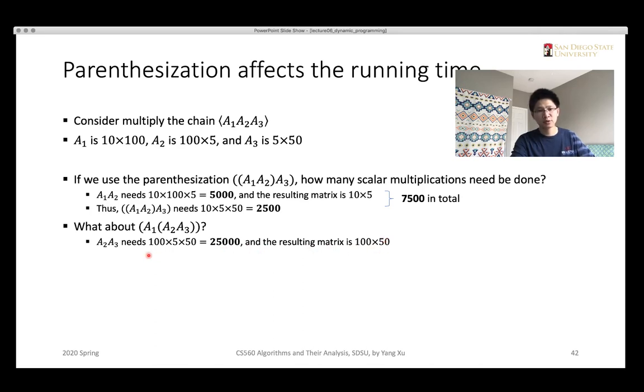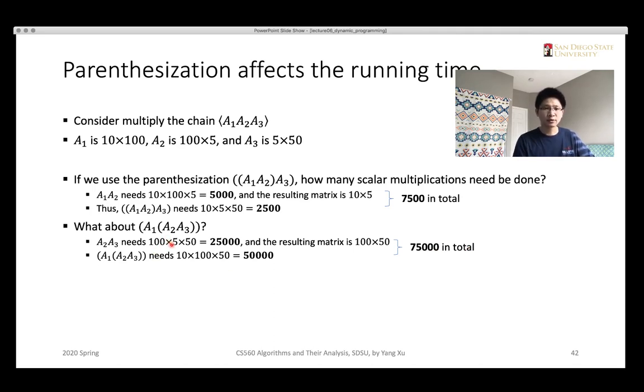In step 2, we need to multiply this 100 by 50 matrix with A1, in which PQR is 10 times 100 times 50, which is even more, 50K. Adding up these two steps, we have 75,000 scalar multiplications in total.